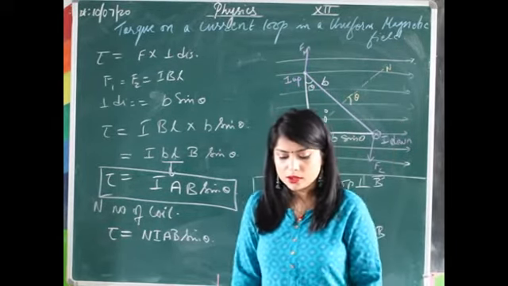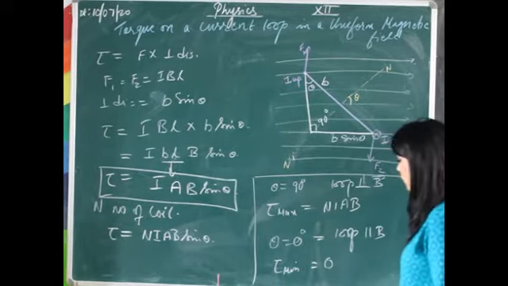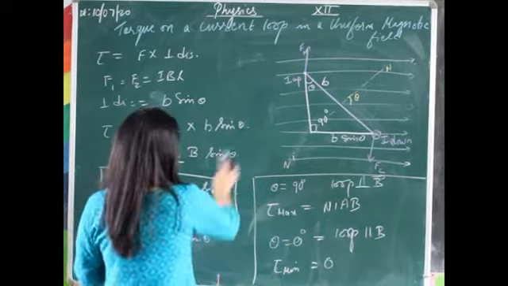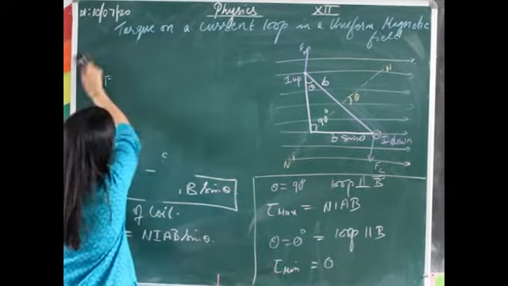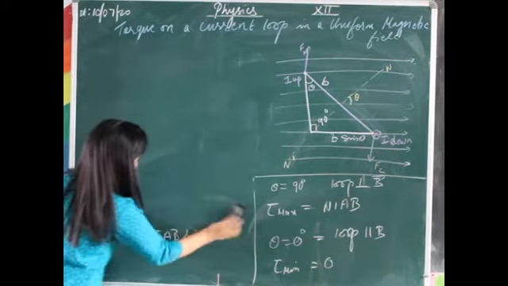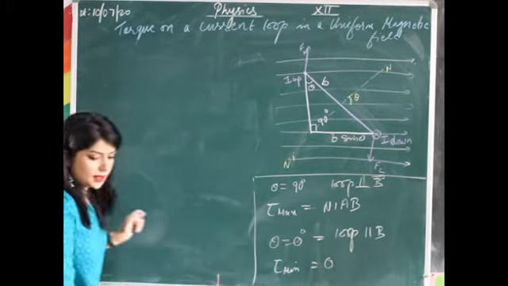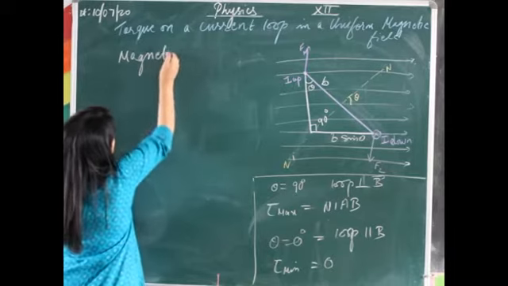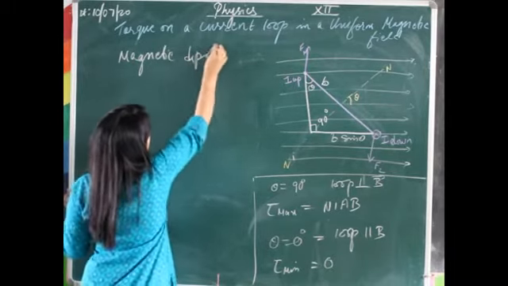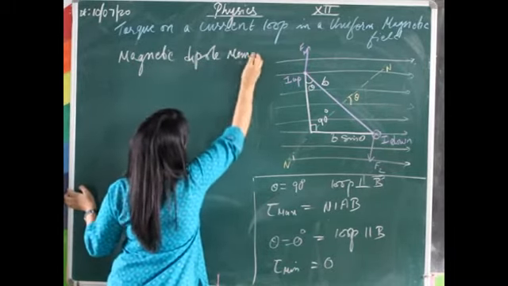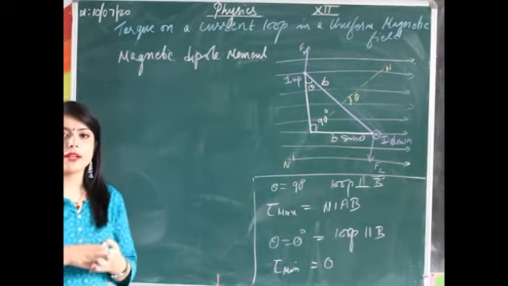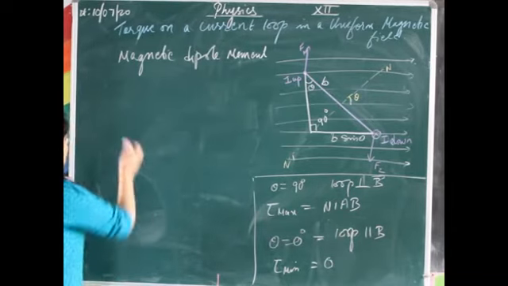Now there is another term you should be clear about, that is magnetic dipole moment. I think we have studied this term in chemistry also. It is the similar magnetic dipole moment. It is nothing but the moment of a dipole in a magnetic field.